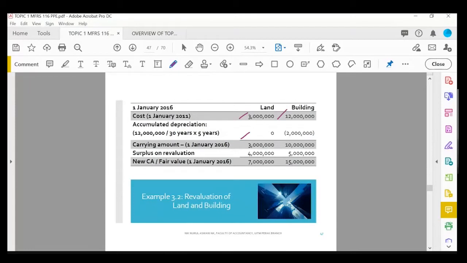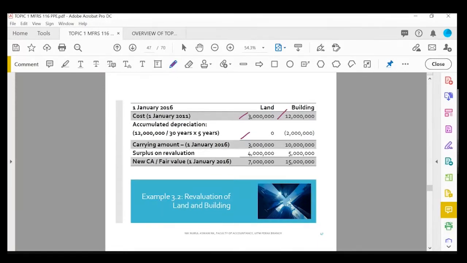Every year, you are going to carry the same amount. At the end of year 2011, the carrying amount is 3 million. 2012, 3 million. 2013, 3 million. Sampailah at the end of year 2015, maintain at 3 million. But for building, throughout the years, we are going to provide depreciation expense every year.